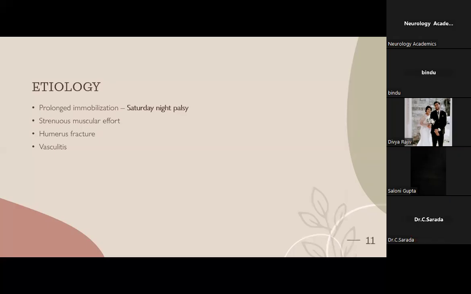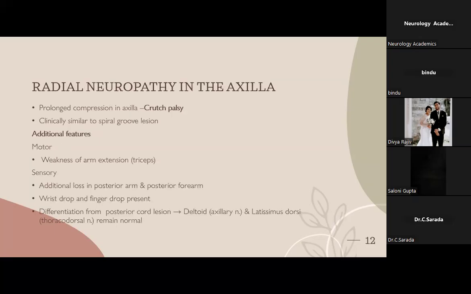In this case, the presentation will be wrist and finger drop, and the other features we have explained in the above slide. Strenuous muscular effort can also cause compression at the level of the spiral groove, as can humerus fracture, cast immobilization, and vasculitis. These are the etiologies at the spiral groove.